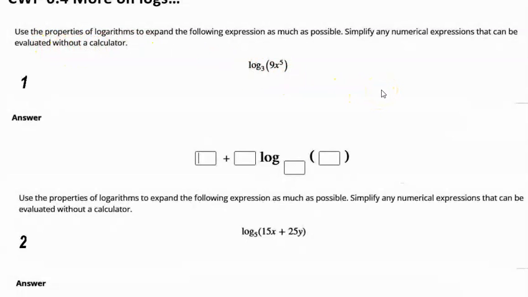All right, so as we look at example 1, what do we have here? And we want to tease apart as much as we can. So it's going to be log base 3. Now remember, this is 9 times x to the 5th.